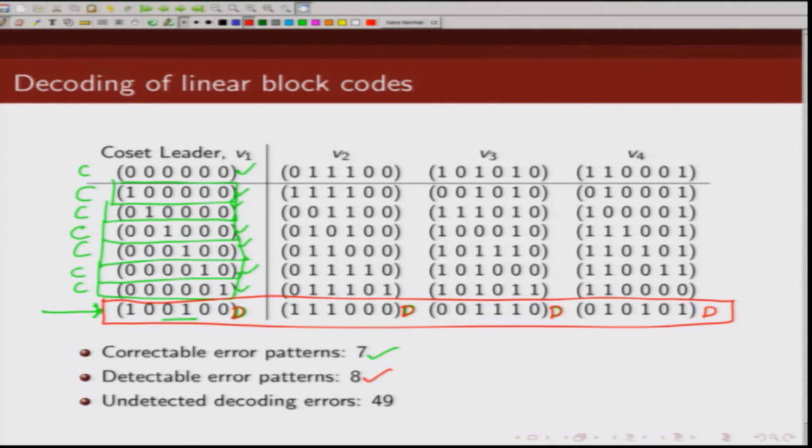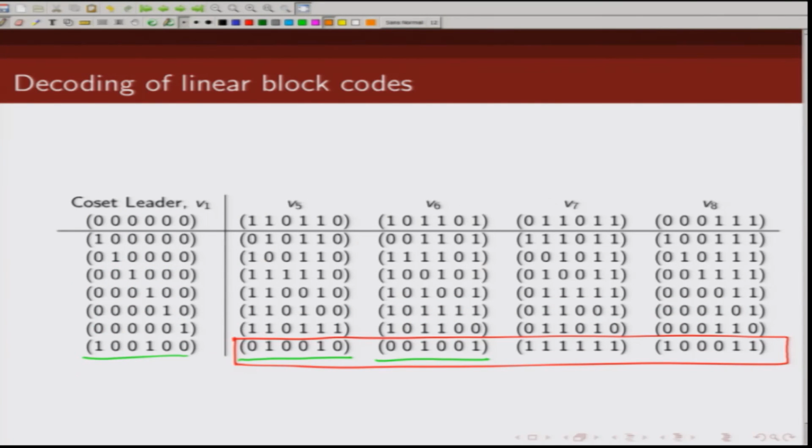Now, let us use a different color pen. What about these patterns which have been left out? This, like other error patterns, what happens to them? These error patterns, let us say if this error pattern happens, what is going to happen?